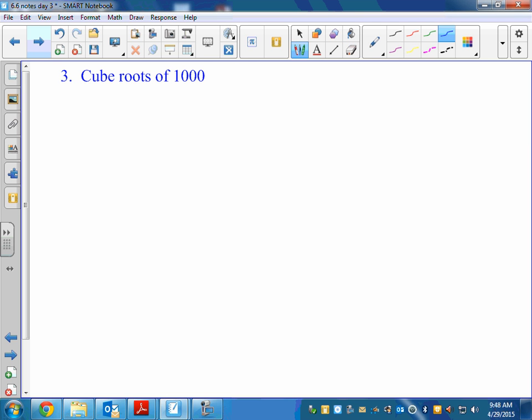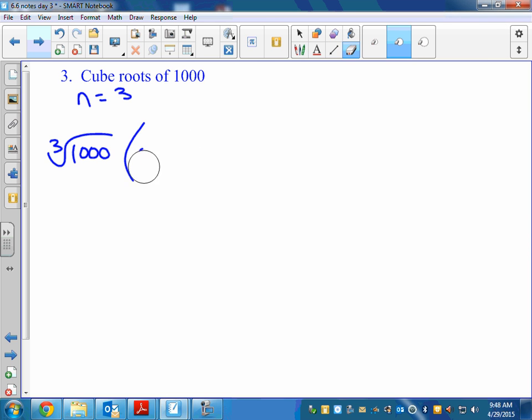There's 3 answers here. So n equals 3, and I'm just going to say the cube root of 1,000 times the cosine. Oh, wait. How do I write this in the right form? Look, I kind of jumped the gun here.